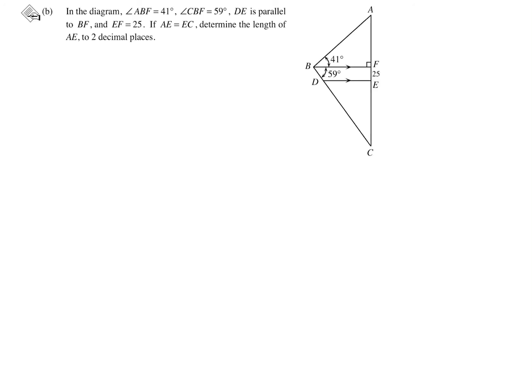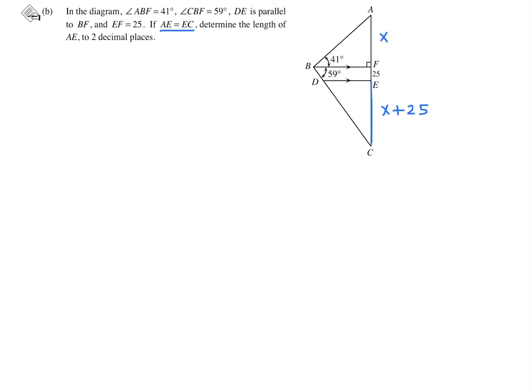We can call A to F x, this distance right here. And we know that AE is equal to EC. A to E is the same as E to C. So since A to E looks like x plus 25, E to C is also going to be x plus 25, like that. Okay?